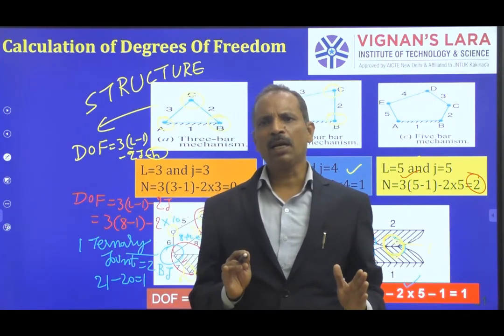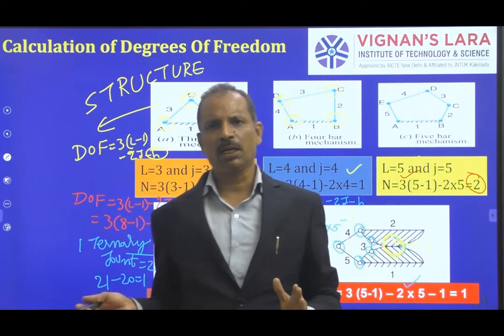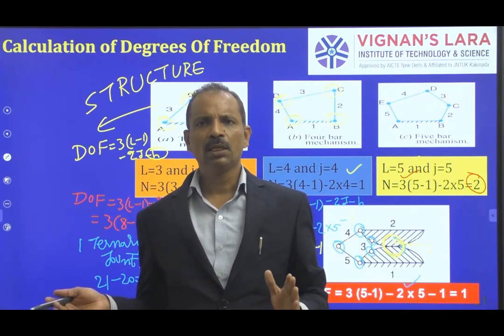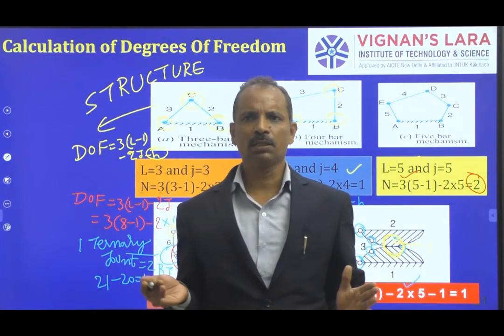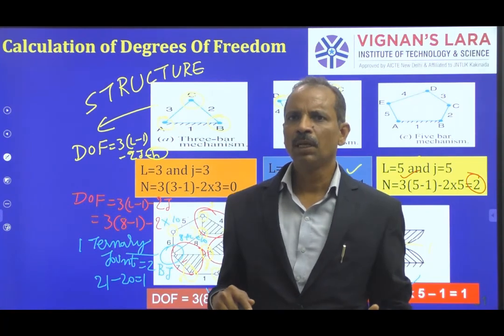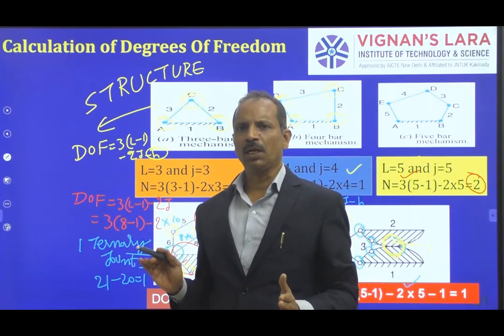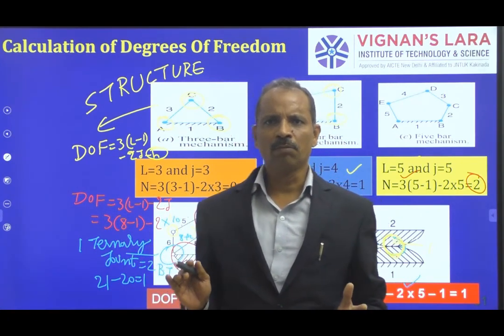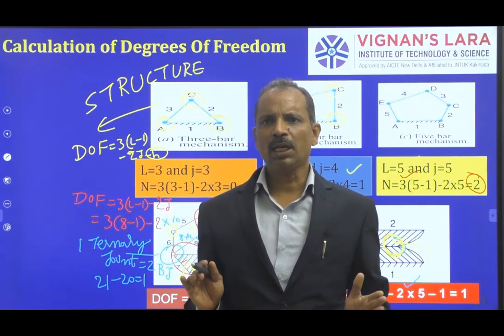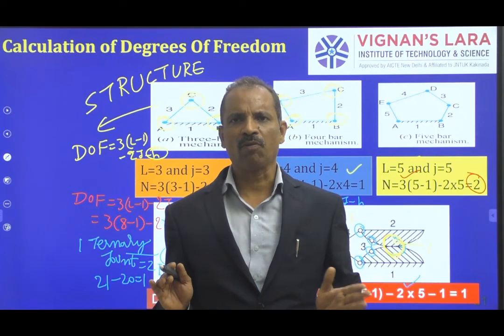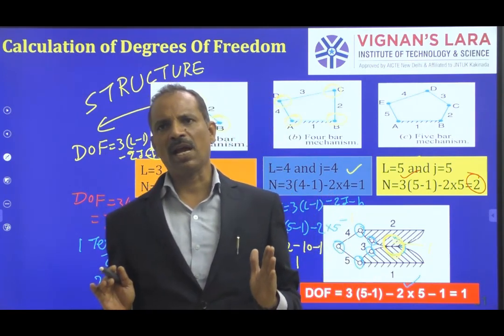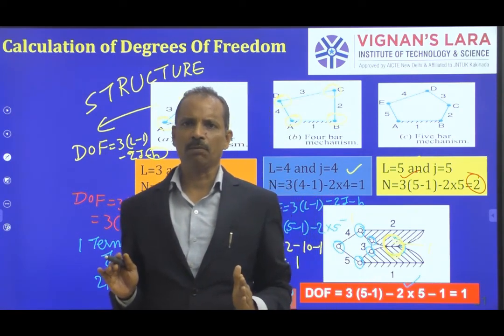Spatial mechanisms move in 3 dimensions and planar mechanisms move in 2 dimensions. In a planar mechanism, an object can have 2 translational motions and 1 rotation, so the link will have a maximum of 3 degrees of freedom.